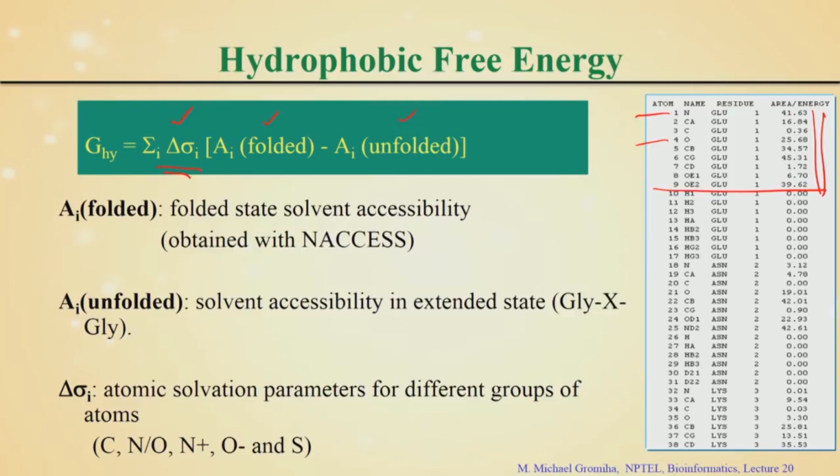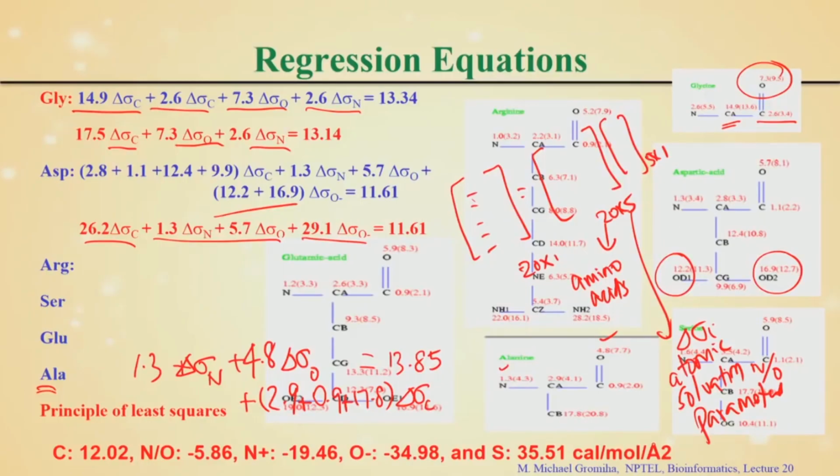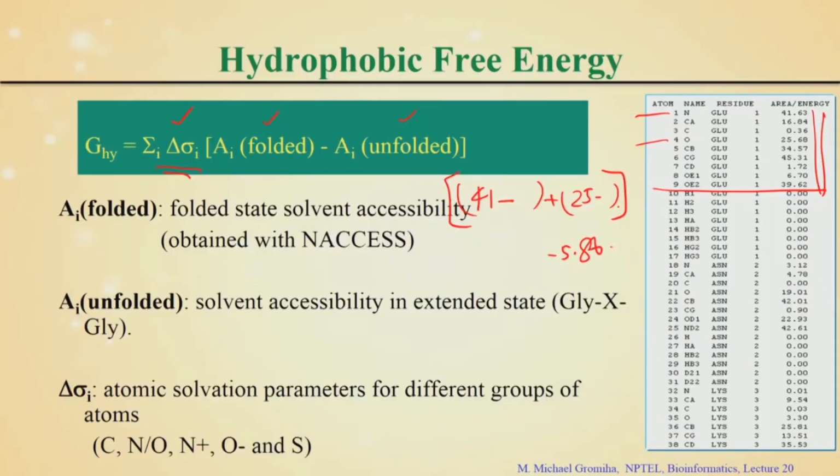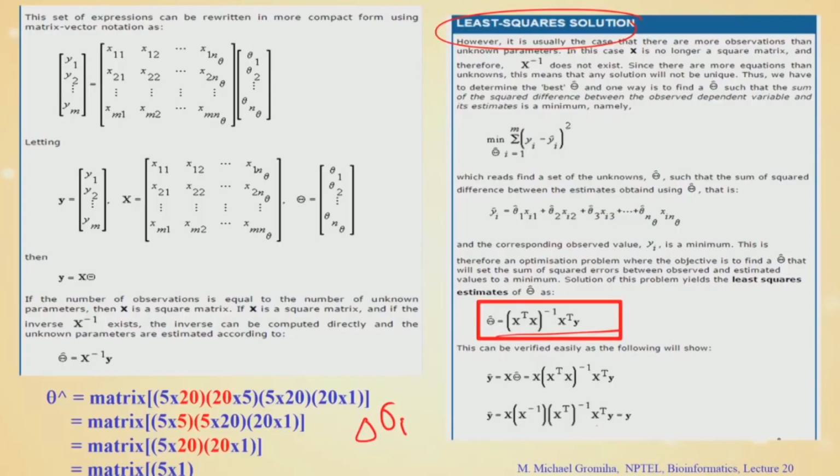In this case 41 minus the unfolded set value, which we will get from this figure, and then again for the O 25 minus the value from this one, multiplied by the value for N and O, minus 5.86, then plus go with all the carbons. 1, 2, 3, 4, 5 carbons, you get the difference in accessible surface area and multiply by delta sigma of C. What is the value of sigma of C? This is equal to 12.02.